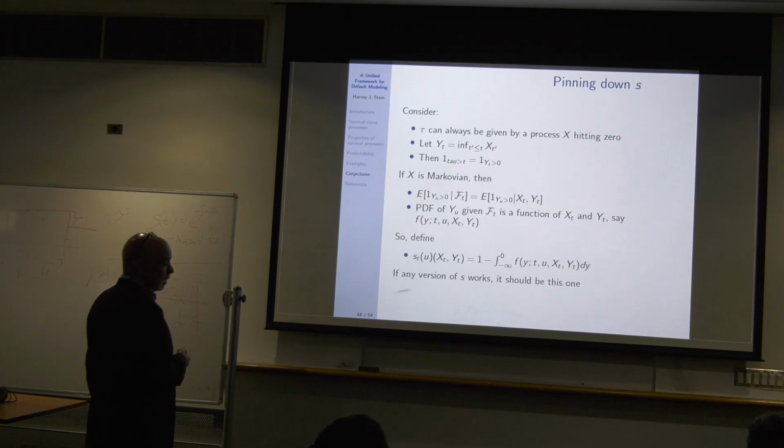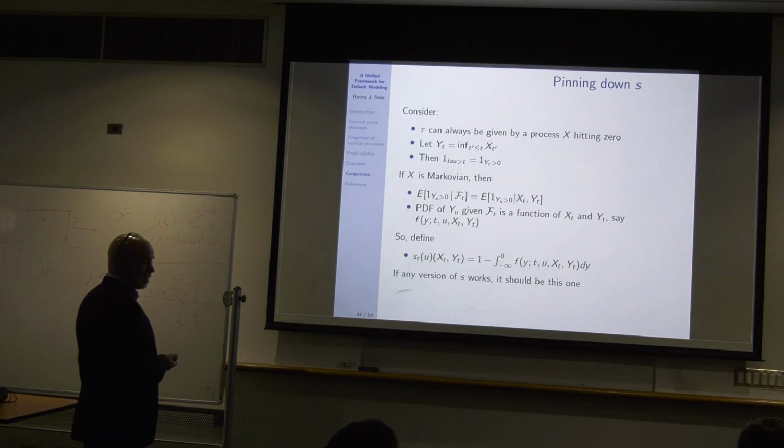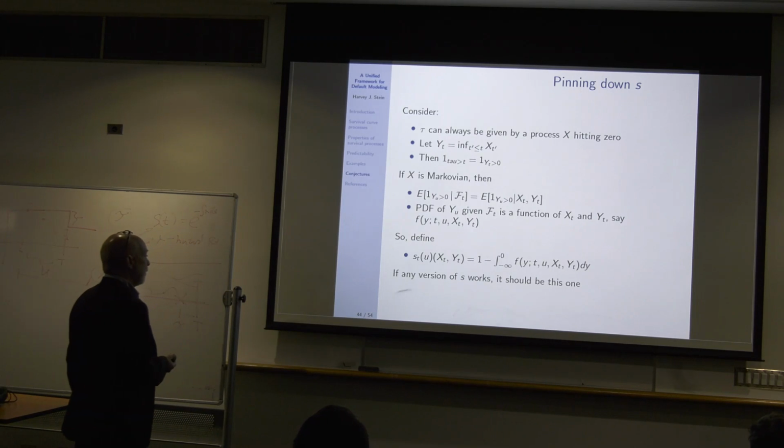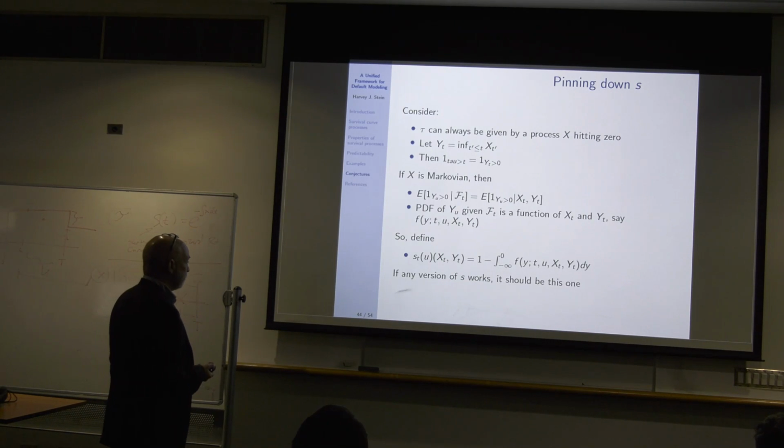Now let's say x is Markovian. Then the expected value of the indicator of y given ft is the same as the expected value given the values of x and y. So the PDF of y given ft is a function of xt and yt.